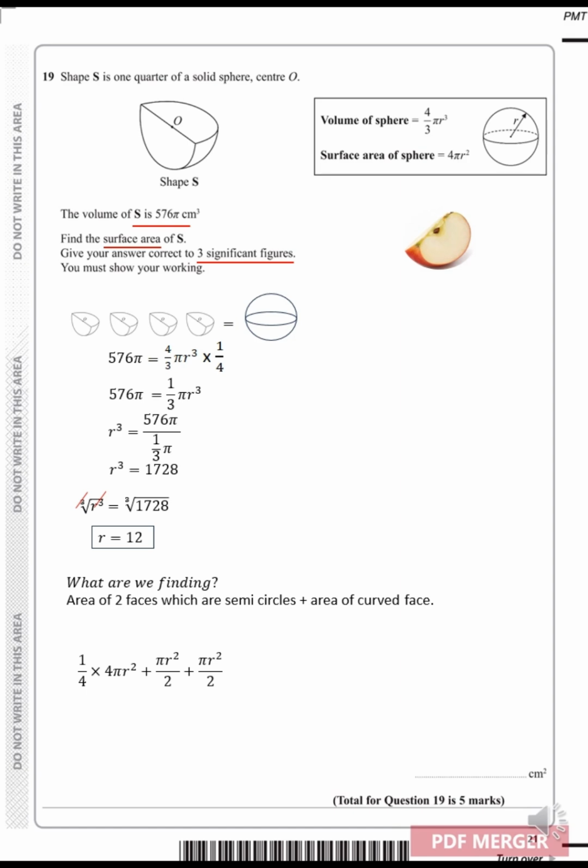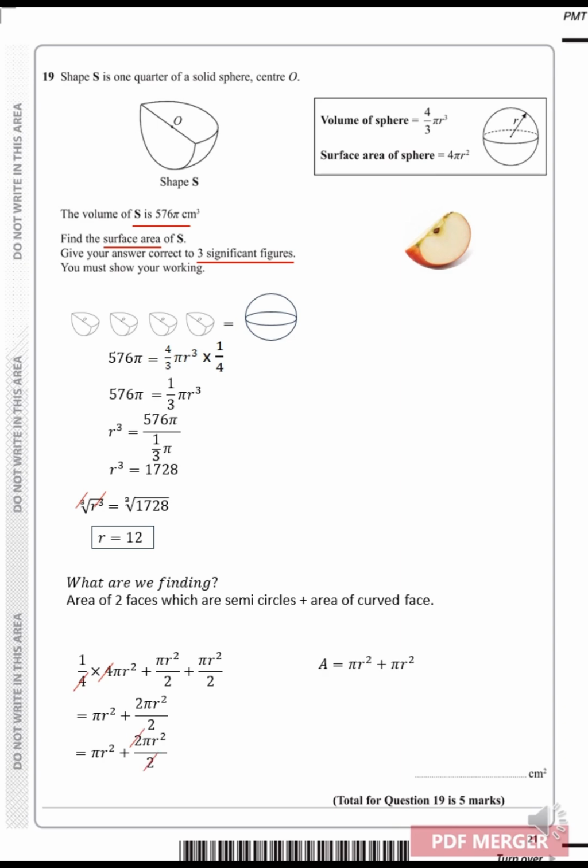Because there are two semicircles in shape S, we do πr²/2 plus πr²/2. Fun fact, if you combine two semicircles, it forms one full circle. Now the 4's cancel out, so we're left with πr² plus 2 lots of πr² divided by 2. Now the 2's cancel out.